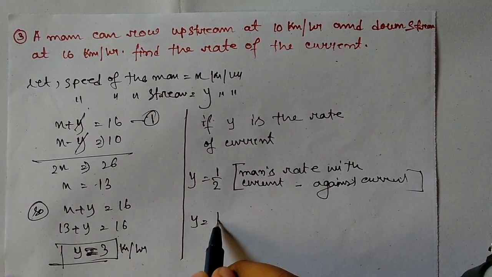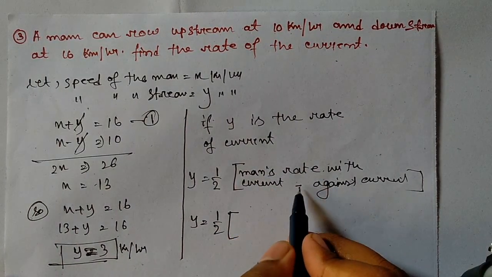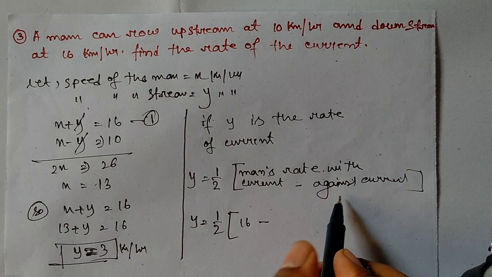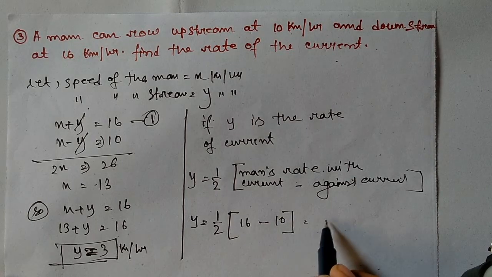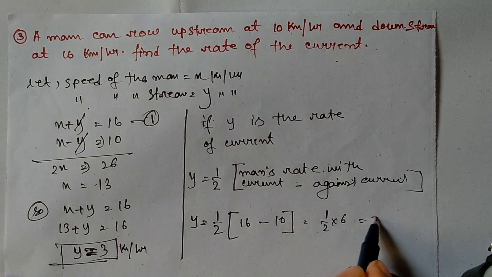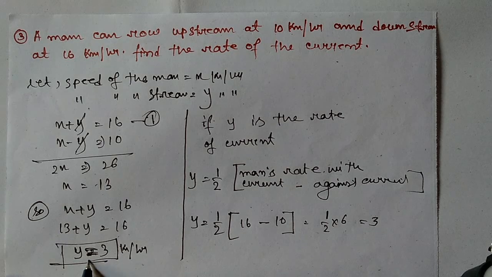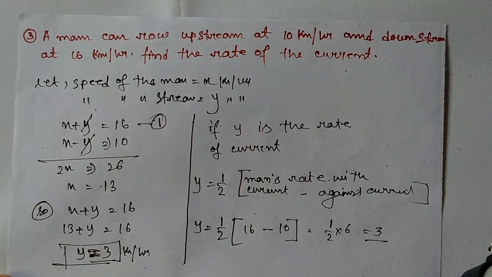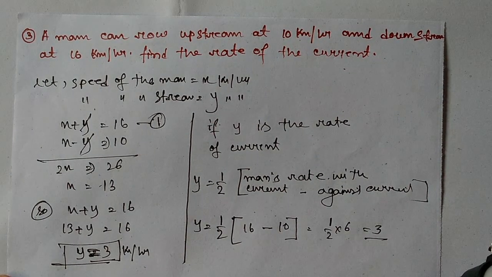So y is equal to half of the man's rate with current, which is 16, minus the man's rate against current, which is 10. That is half into 6, which gives us 3. Just check it out. This also comes to 3 and this also comes to 3. So this is the short process, that is y is equal to half of the man's rate with current minus against current. Then by solving the algebra we get 3.